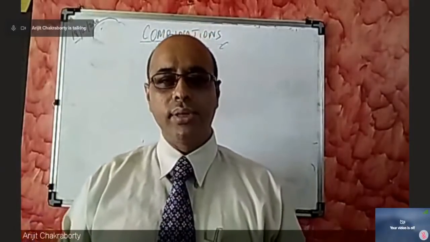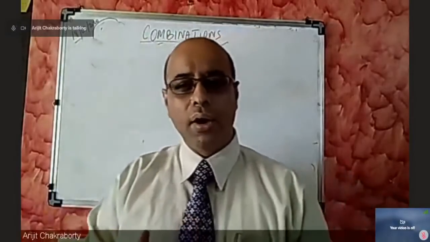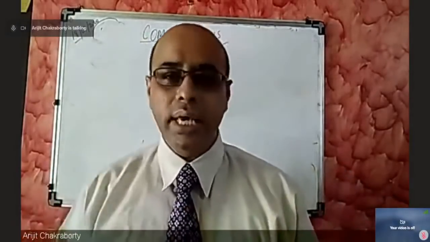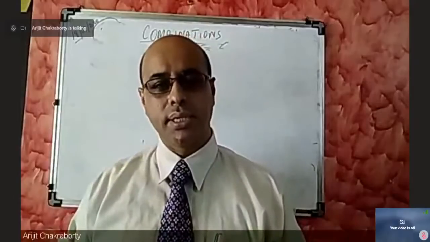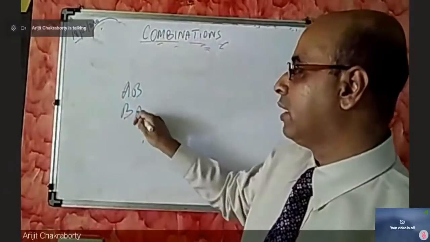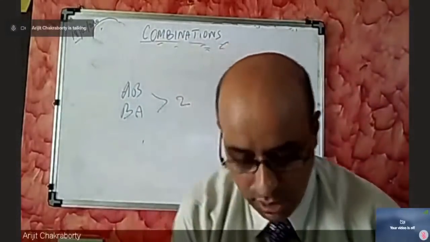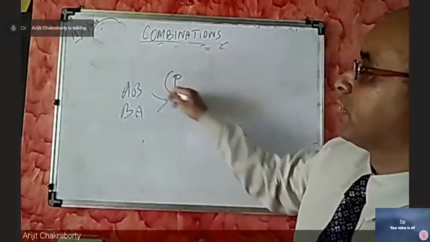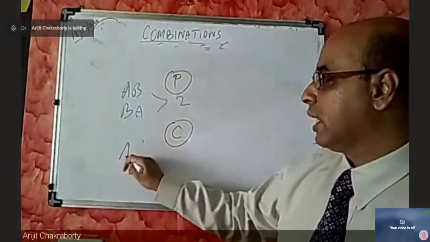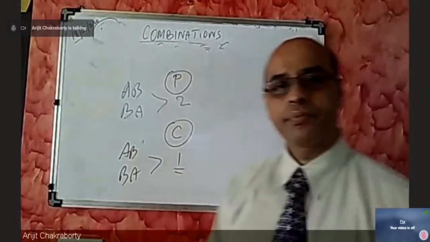So whether you are asking ABC or CBA or BAC or BCA doesn't make a difference. In permutation, AB and BA are two separate outcomes. In combination, AB and BA is counted as 1.